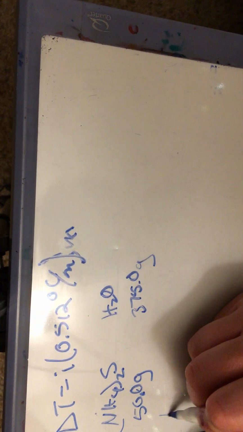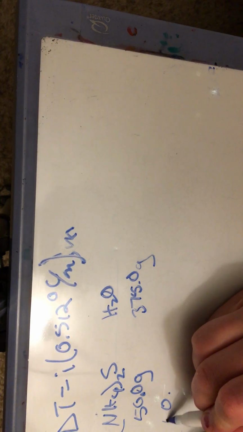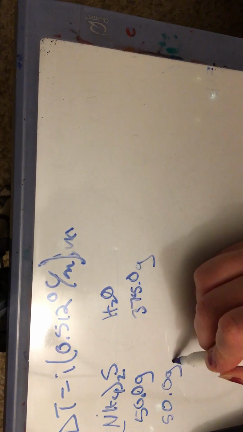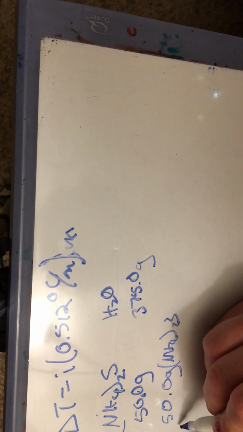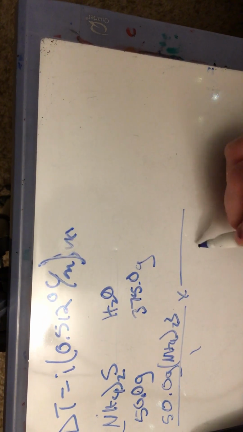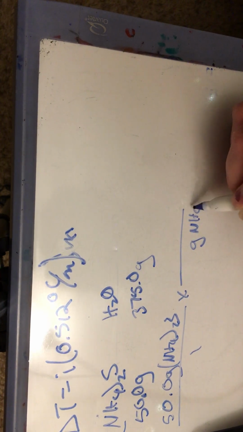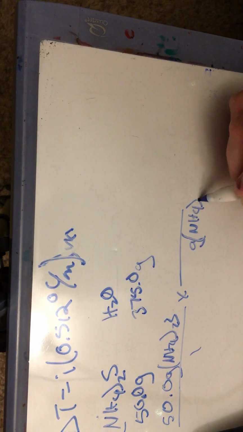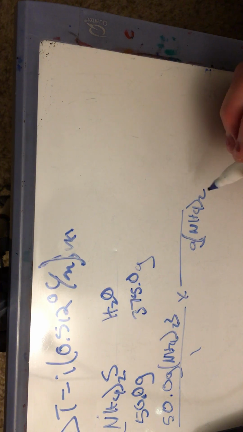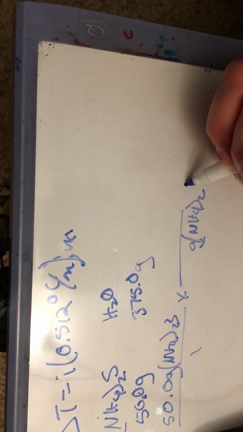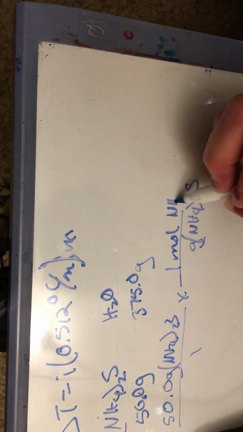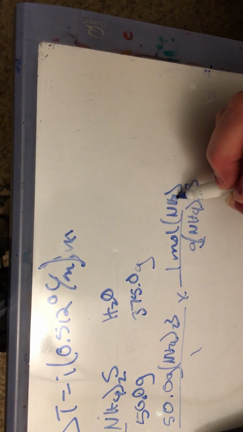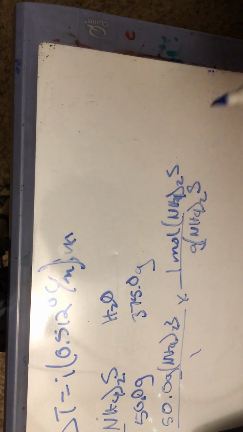So if we have 50 grams of (NH4)2S over 1, we need grams of (NH4)2S over 1 mole (NH4)2S.